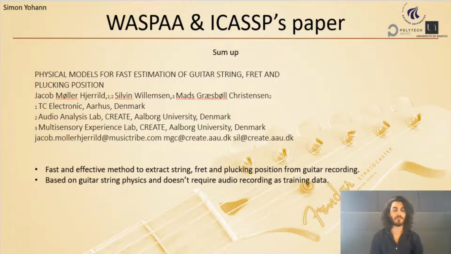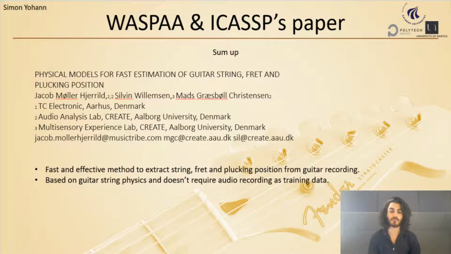The idea was to explore the two papers Matt Christensen and Jacob Moller-Enrich wrote over several years, the WASPA and ICASSP papers. These two papers talk about a physics model for fast estimation of guitar string, fret, and plucking position.